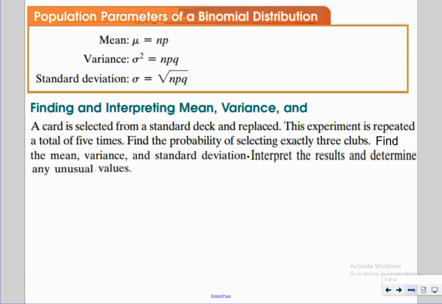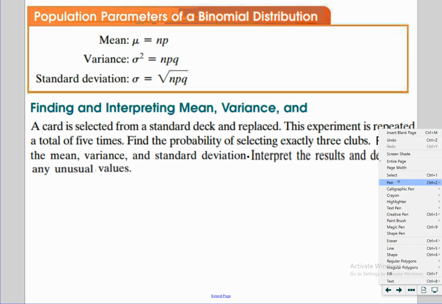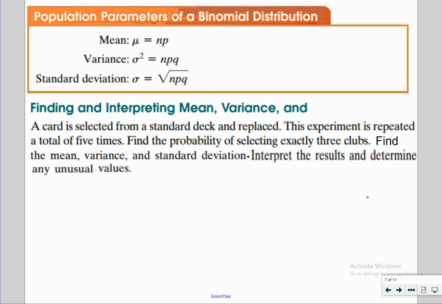A card is selected from a standard deck and replaced. The experiment is repeated a total of 5 times. Find the probability of selecting exactly 3 clubs. Find the mean, variance, standard deviation, interpret the results, determine any unusual values. Okay, so what's n in this problem? How many trials do I have? 5? Yep. P, probability of success. So here we're looking at selecting a club.